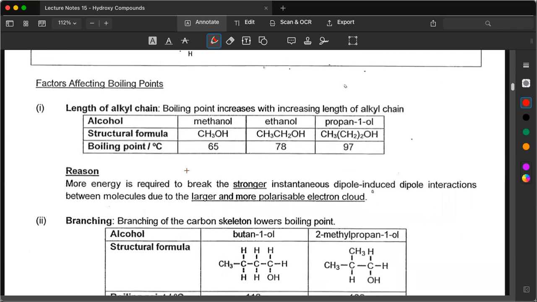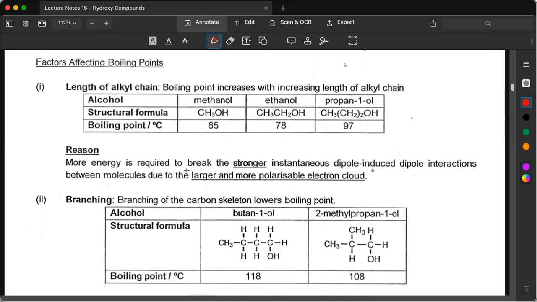What are the factors that affect boiling point? The length of alkyl chain. With increased length of alkyl chain, the boiling point increases because more energy is required to break the stronger id-id interactions between the molecules, and this is due to a larger and more polarizable electron cloud.